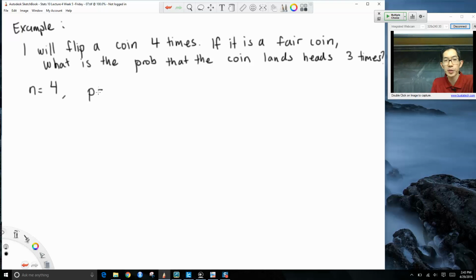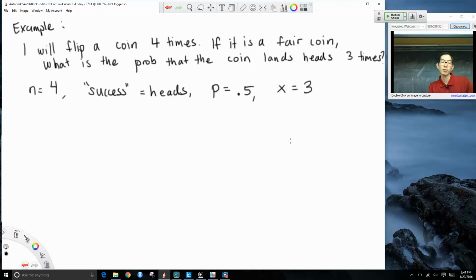P is the probability of a success. So first of all, let's label what a success is. We'll say the quote-unquote success will be the coin lands heads. And so the probability of a success for each coin flip is what? 0.5. And the number of successes that we're interested in is 3.